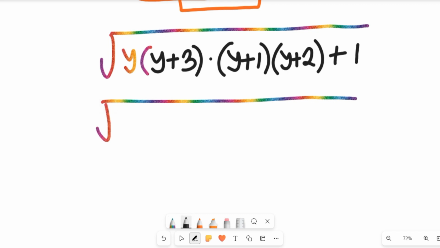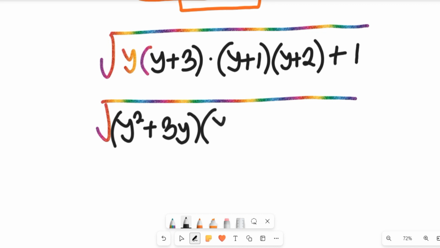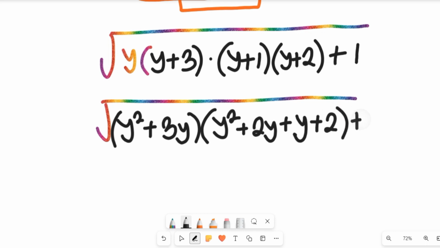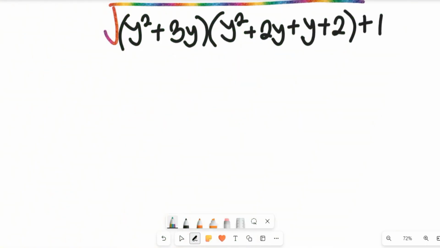y times y will give me y squared plus 3y, and that will be for that expression. And this other part will now give me y squared plus 2y plus y plus 2, and all this will be plus 1. So let's simplify further.